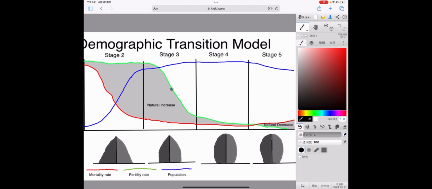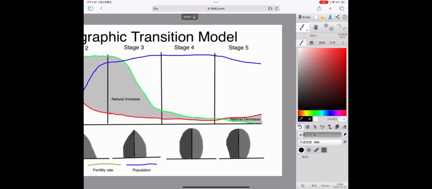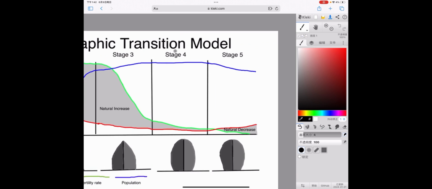And that means that the natural increase is going to drop because the mortality rate has already declined, and now we see the fertility rate decline in stage 3. In stage 4, we see the natural increase continue to decline because of the decline of the fertility rate. And there is still some natural increase though.